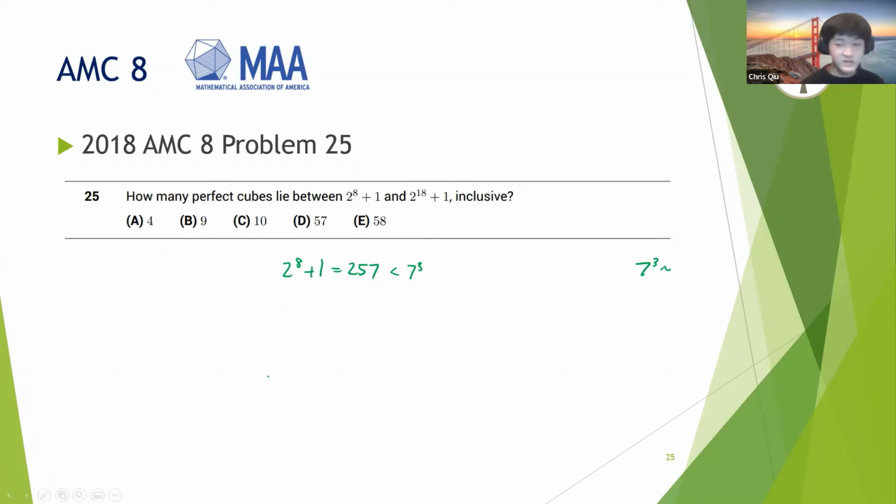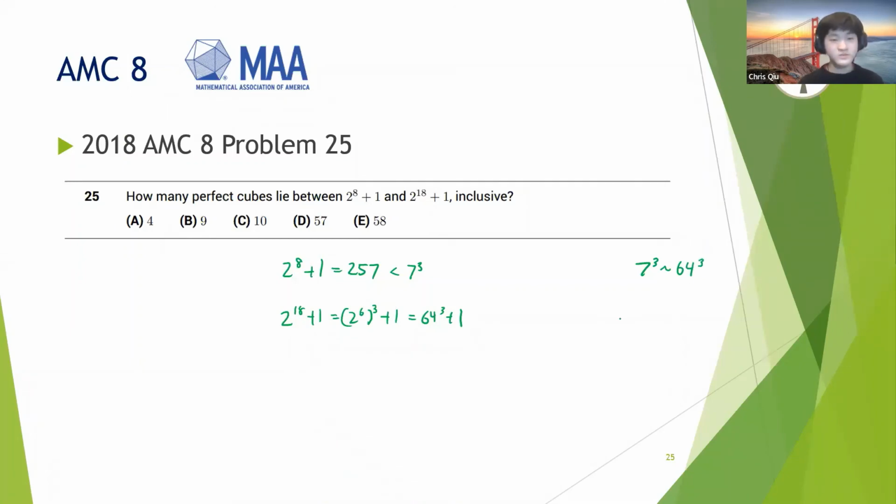Then we want to find the largest cube that's between these two numbers. This is not too hard because 2 to the 18 is equal to 2 to the 6th cubed, which is 64 cubed, plus 1. So our largest cube between these two numbers inclusive is 64 cubed.